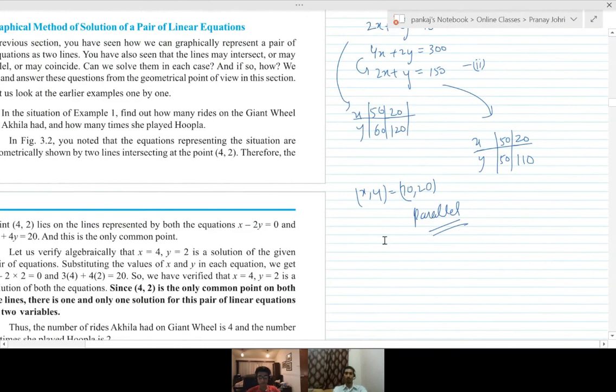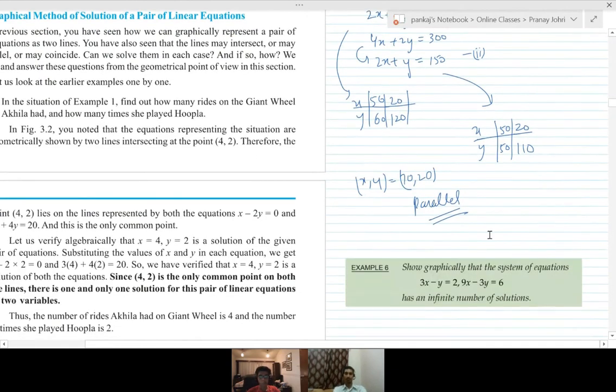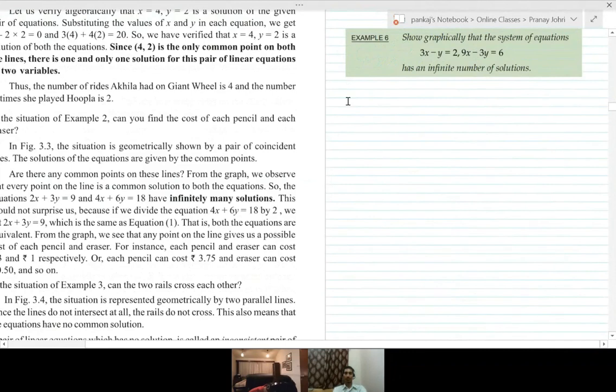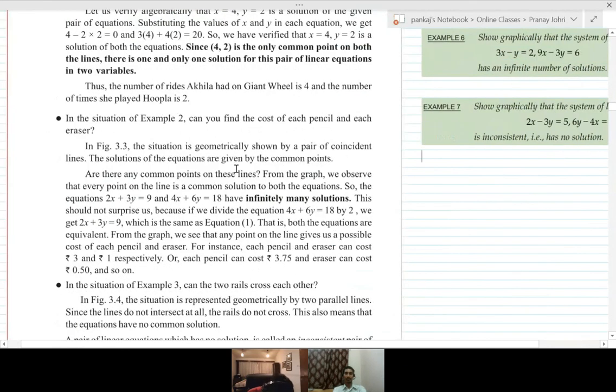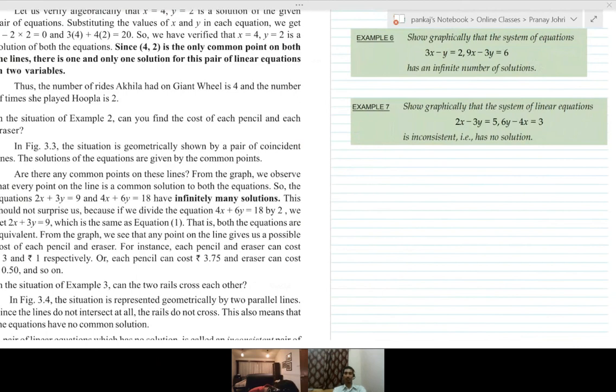So two homeworks for you. These are from R.S. Agarwal.